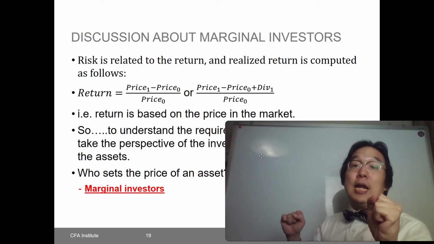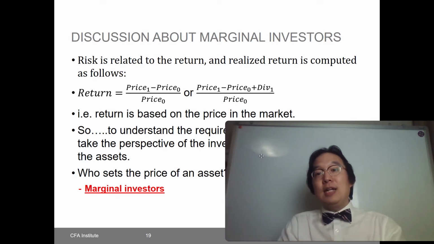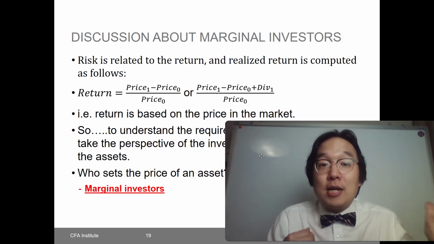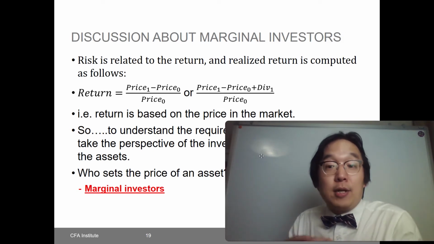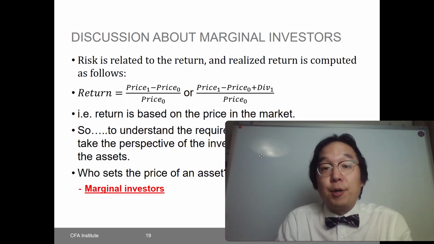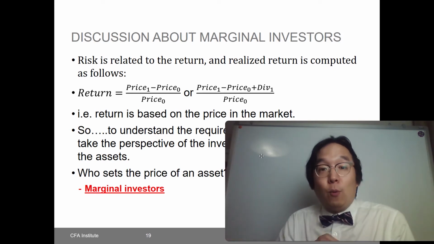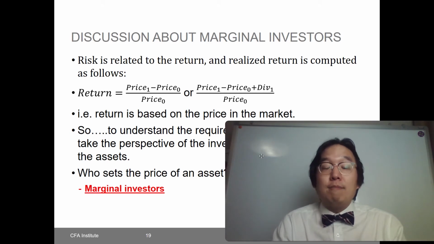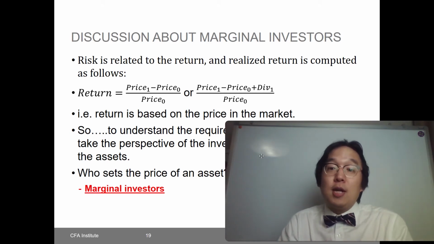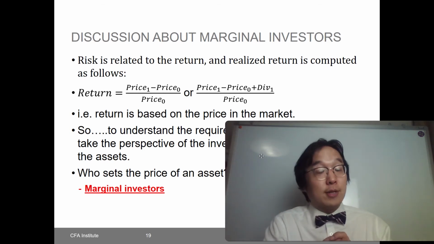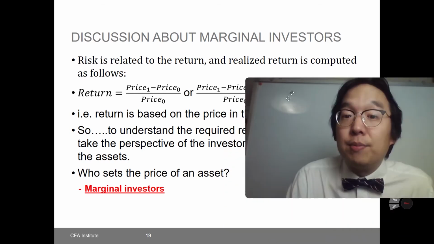Risk is related to the return, and the realized return is computed as follows: price of today minus price of initial purchase, divided by the initial purchase price. Or price of today minus initial purchase price plus dividend today, divided by the initial purchase price, okay? In case there's a dividend, by the way.